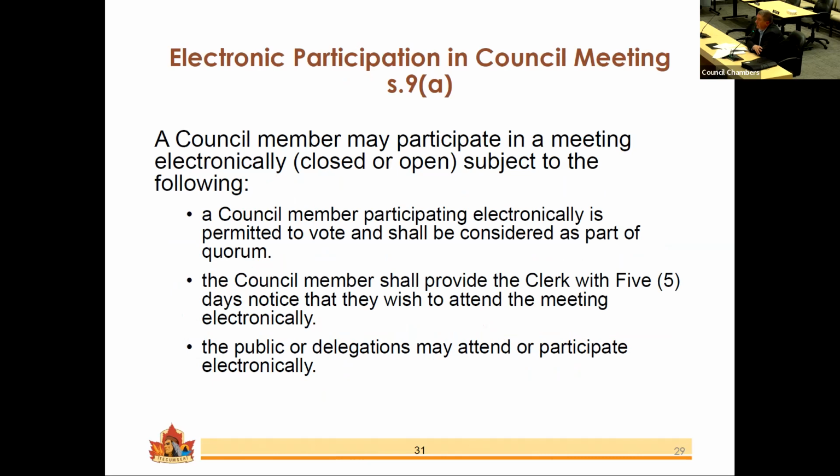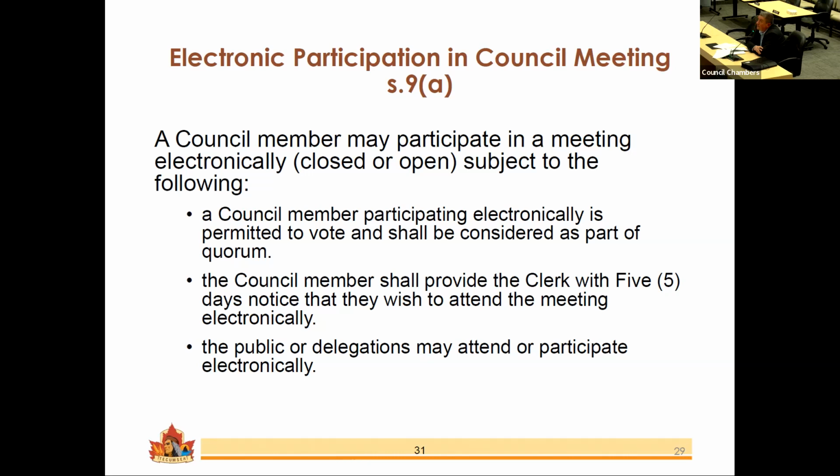Next slide. We talked briefly, certainly COVID ushered in a host of changes to the Municipal Act to allow for electronic meetings and to allow for hybrid types of meetings in which those participating by hybrid count as quorum and have rights to vote. And so certainly the town's procedural bylaw is no different.